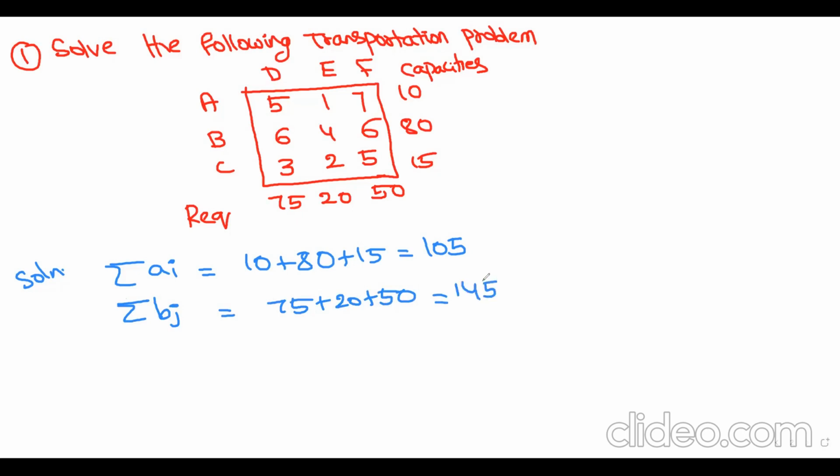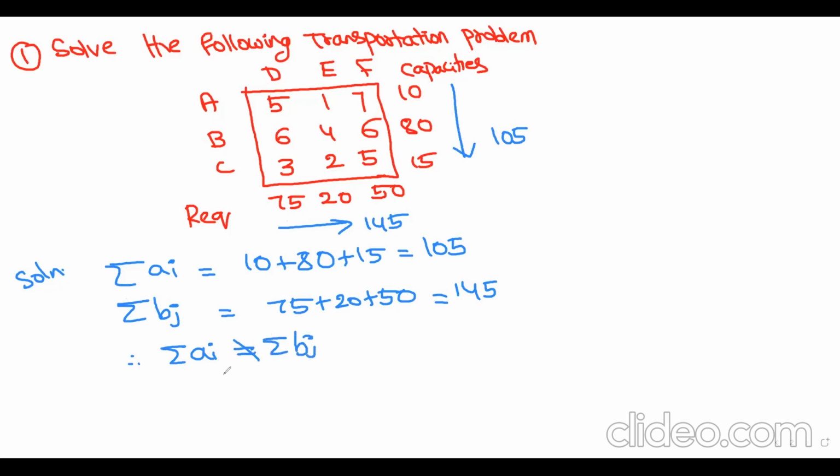Adding like this, we got 105. Adding like this, we got 145. So both are not equal, no? Therefore, summation Ai not equal to summation Bj.